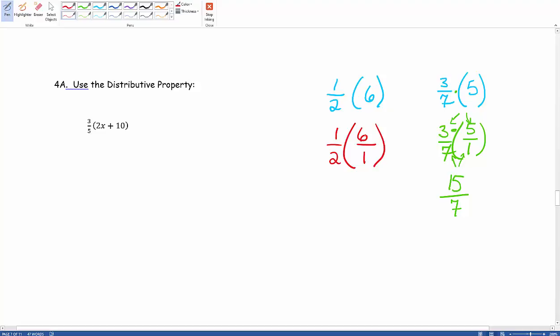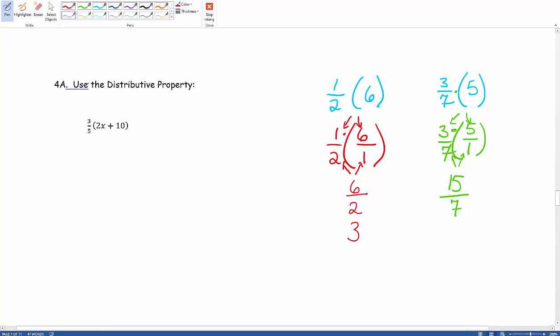We're not changing it at all, just the way it looks. Then, just like before, we multiply our numerator with our numerator and our denominator with our denominator. So 1 times 6 gives us 6, and on the bottom, we have 2 times 1. Now we can simplify. 6 divided by 2 just gives us 3. That's a nice little verification that what we're doing truly is working.